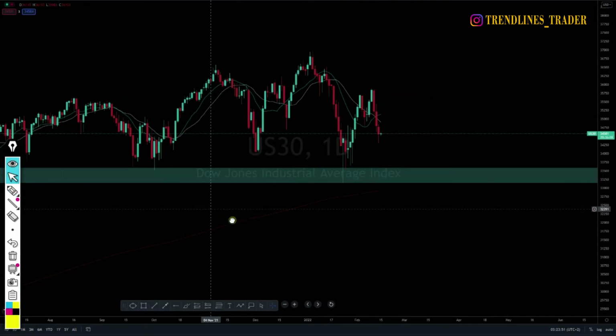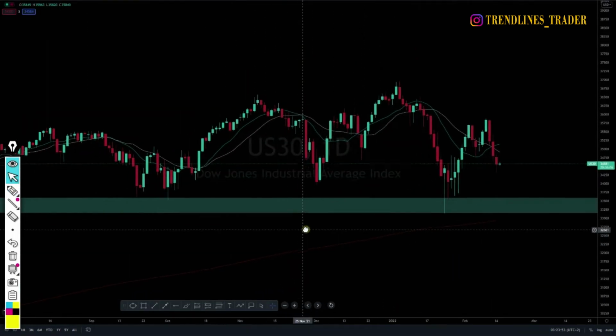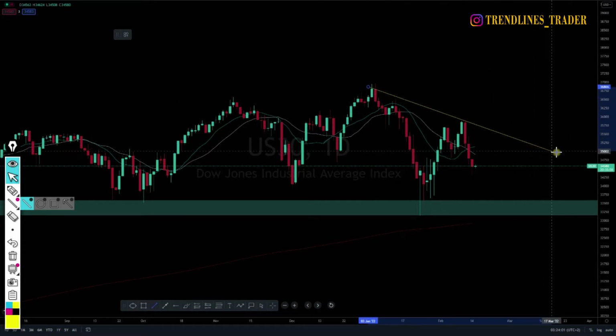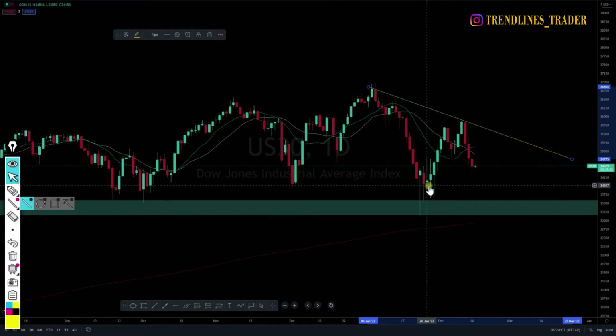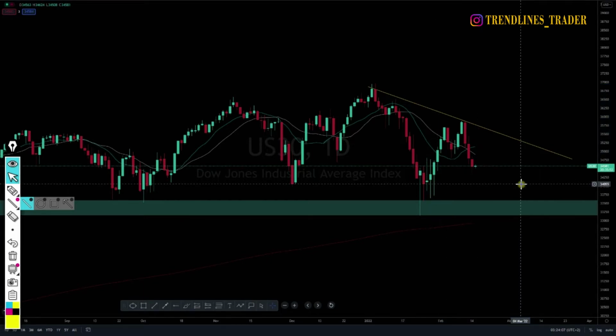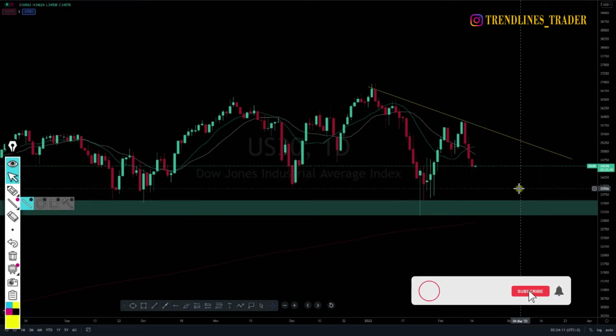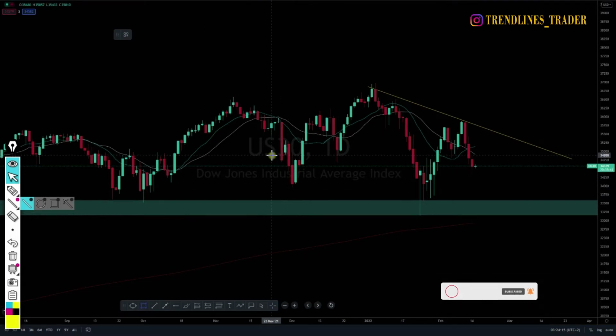If we move closer to the price, we are able to see that the price gave us this type of structure, the resistance, diagonal resistance, and there is this structure that I see right here.